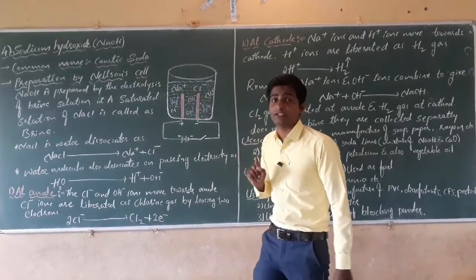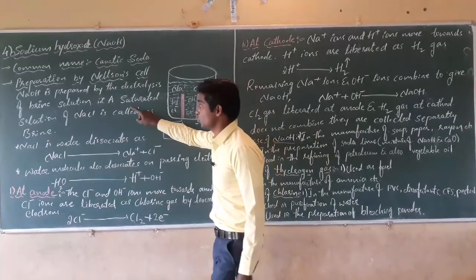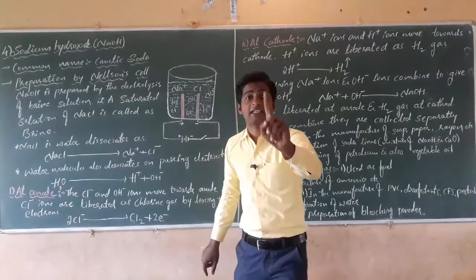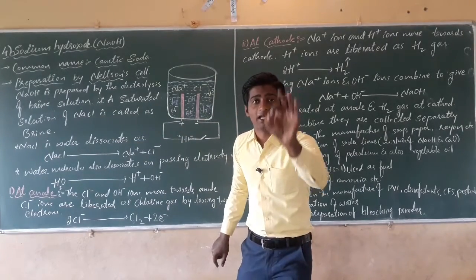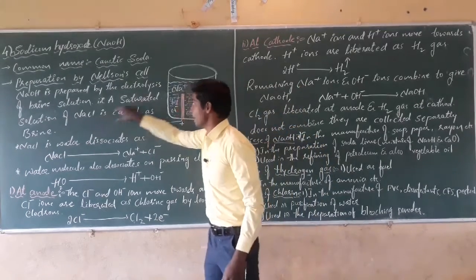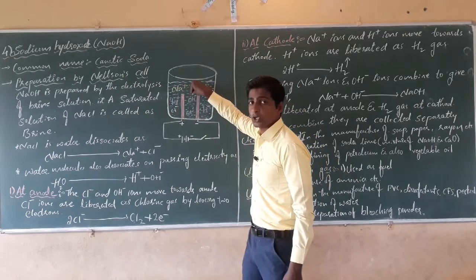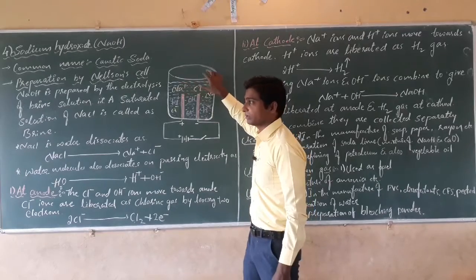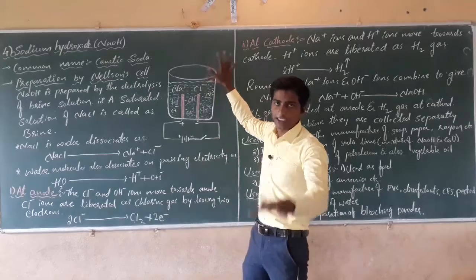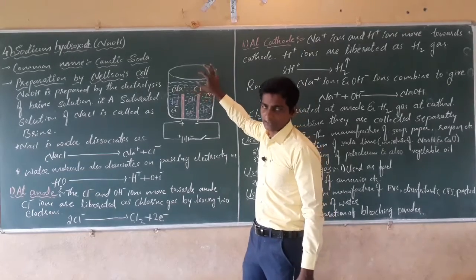A brine solution is nothing but a saturated solution of sodium chloride, NaCl. We have to dissolve the sodium chloride in water, and next take the solution in a beaker or in a Nelson cell.